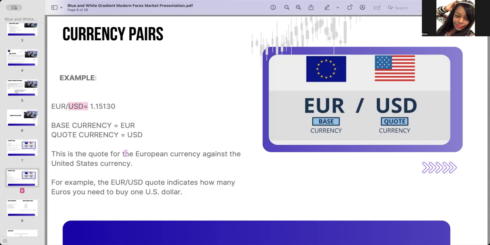So if I were to go to a European country and exchange my $1 US dollar into euros, I would get 1.15130 for my one US dollar. Does that make sense?